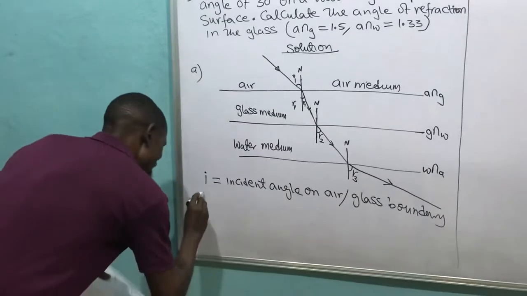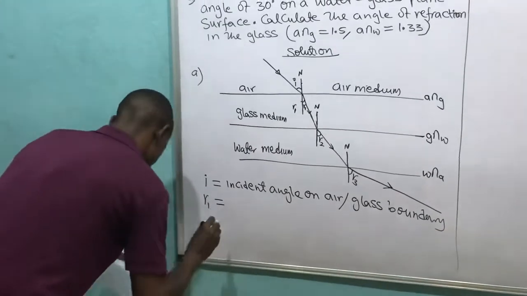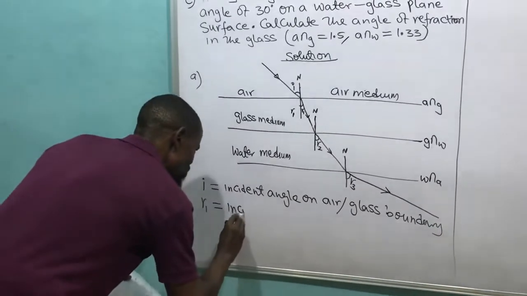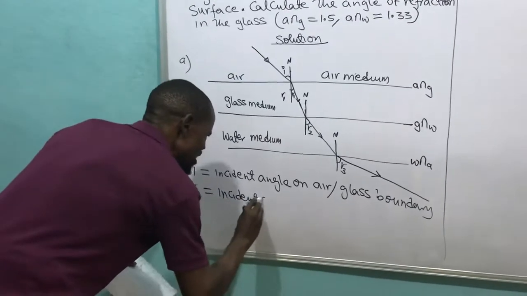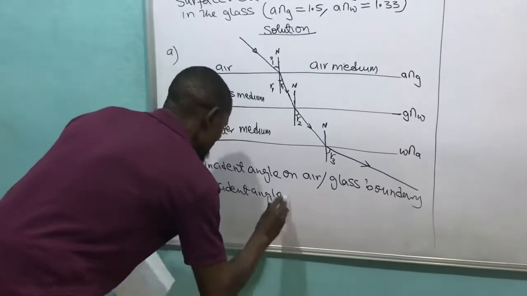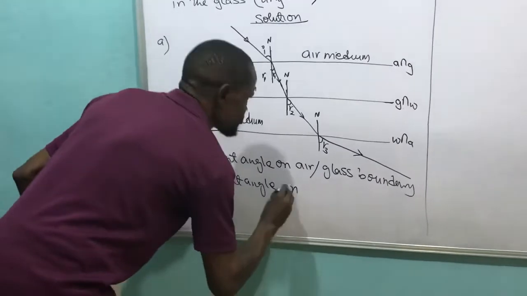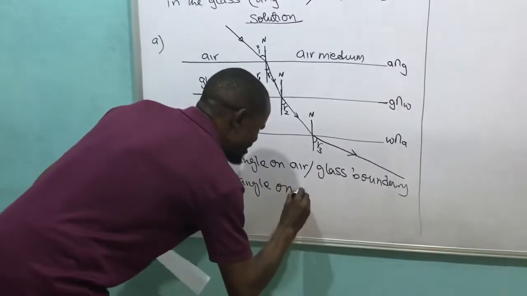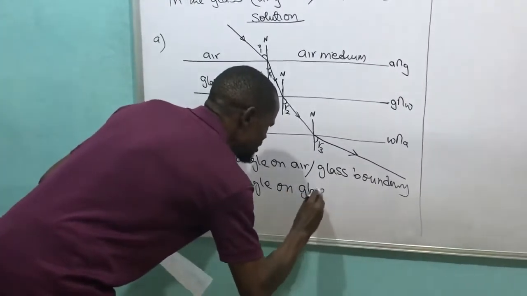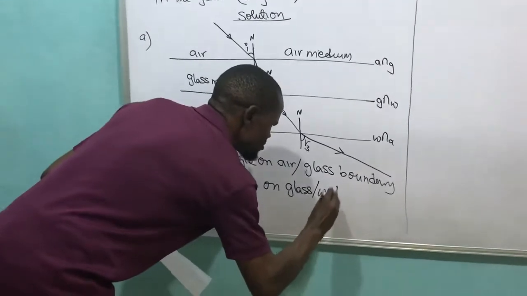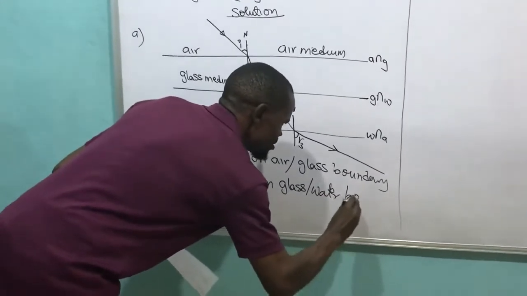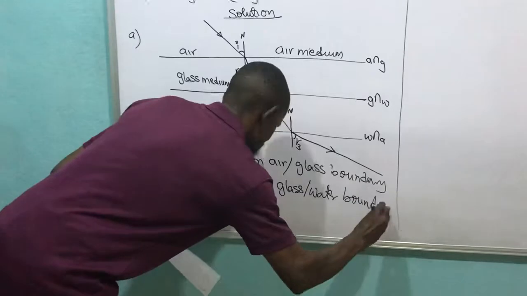Then again, r1 is equal to the incident angle on the glass to water boundary. You get?